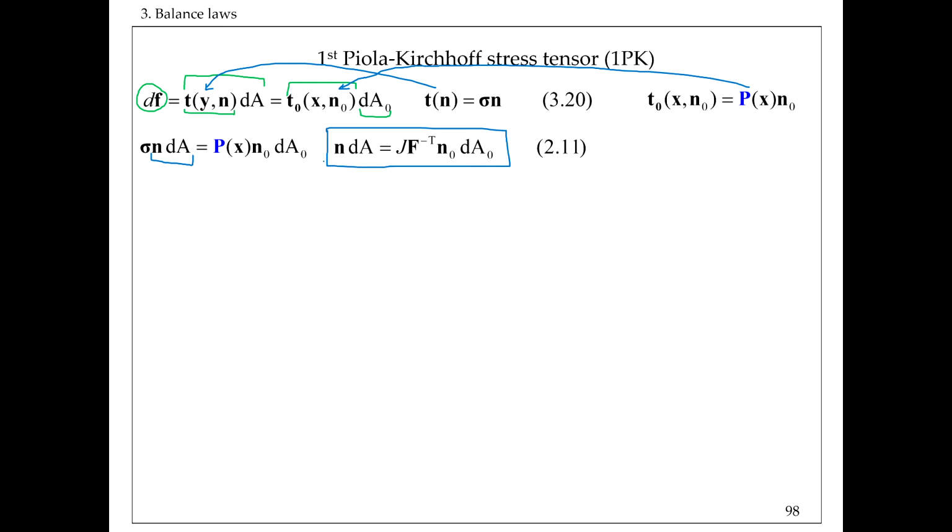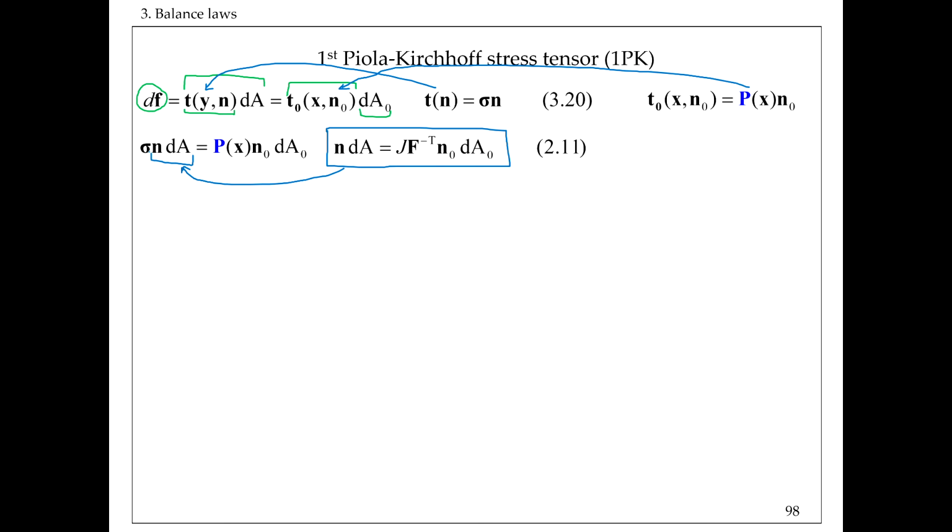So with that we could substitute either on the right-hand side or on the left-hand side, whichever is more convenient. So instead of n da here, we can just write J F minus transpose n0 dA0.